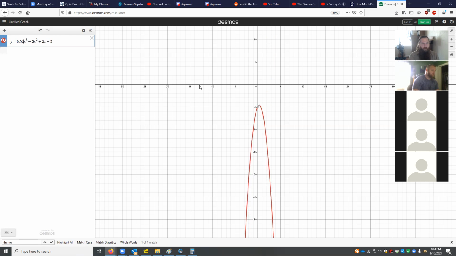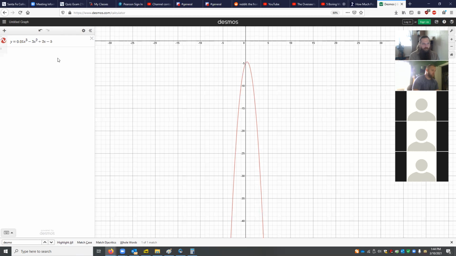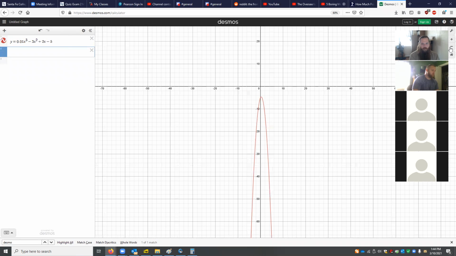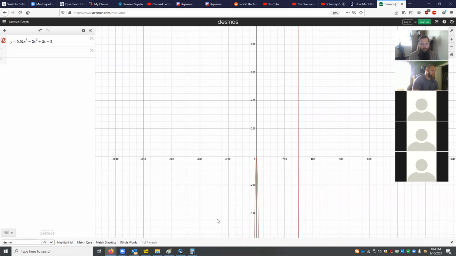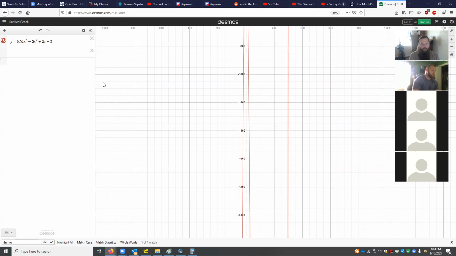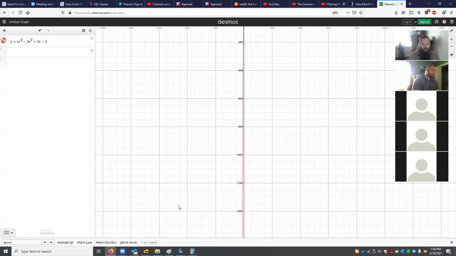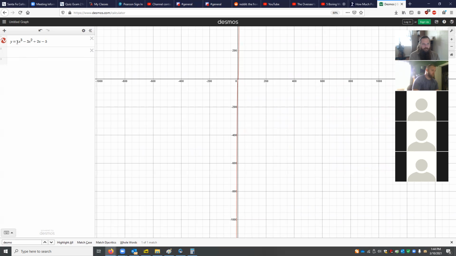We're still eventually going to have this same end behavior. We might have to zoom way out to see it, but here it is, right? We're going up on the right and we're going down on the left. So the end behavior is determined just by the lead term.